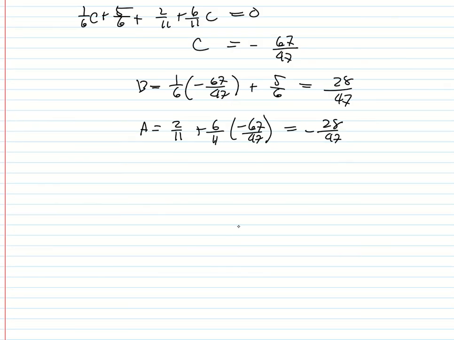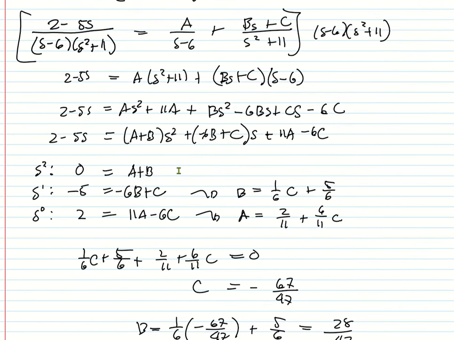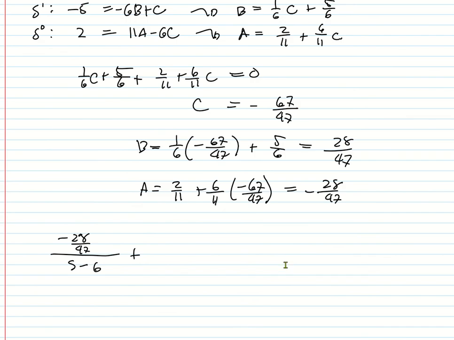So a over s minus 6, a is negative 28 over 47, and this is over s minus 6. Then plus bs plus c, b is 28 over 47 times s plus c, or minus 67 over 47, all over s squared plus 11.